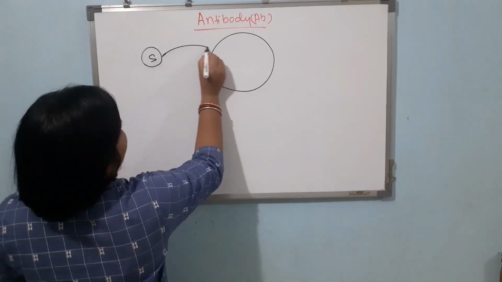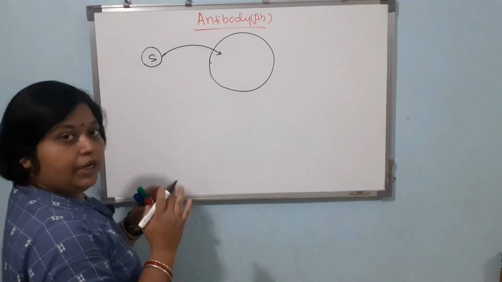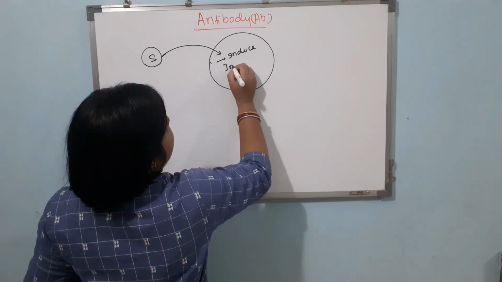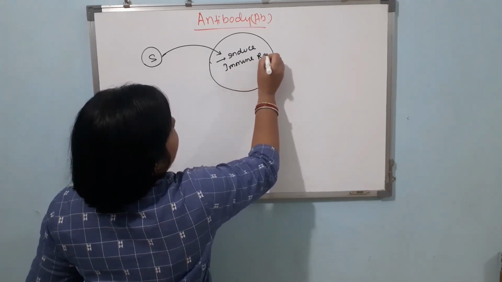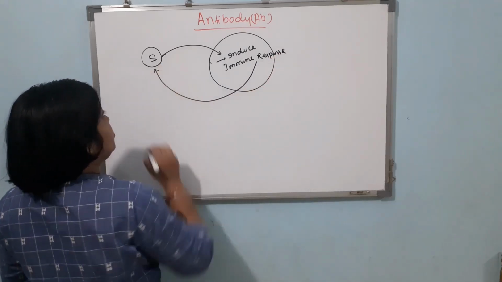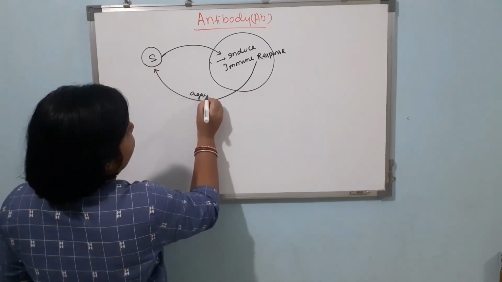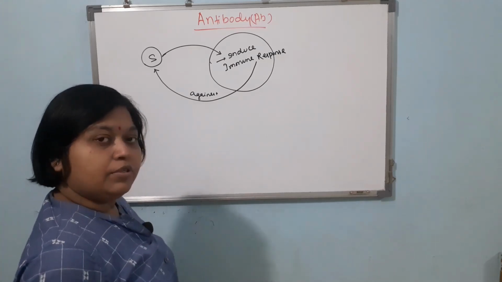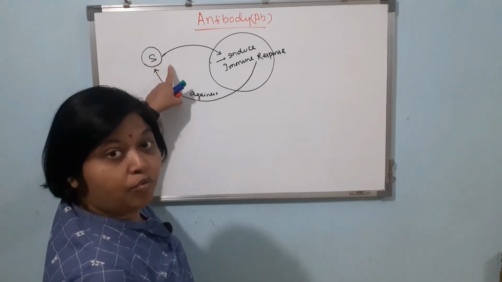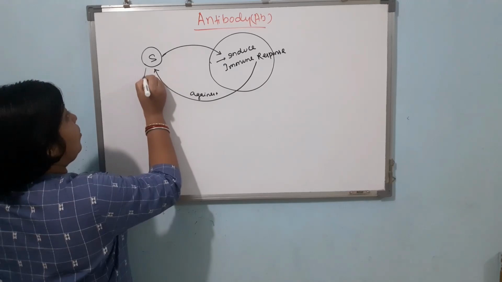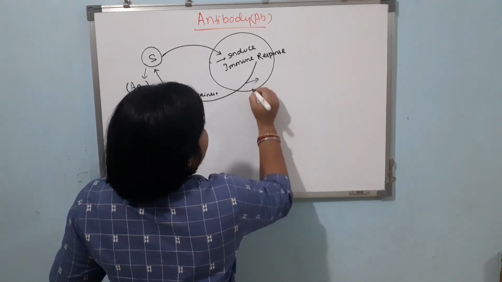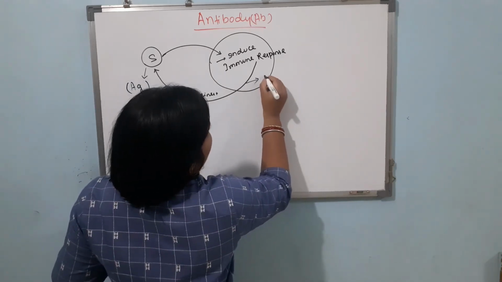When that substance enters into the tissue, it will induce an immune response against that particular substance, and the body will produce certain chemicals against that particular foreign substance, which we are calling antigen. Those chemicals are known as antibody.